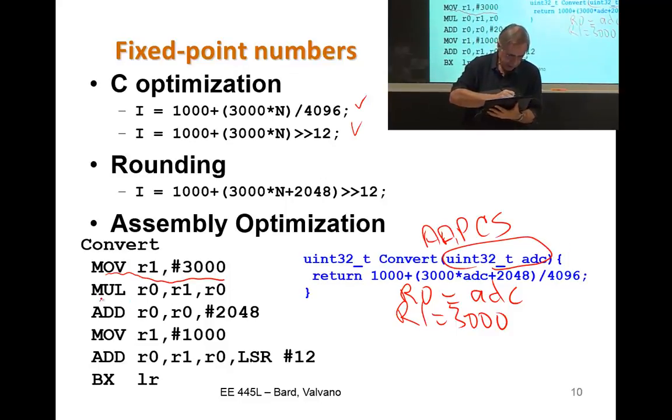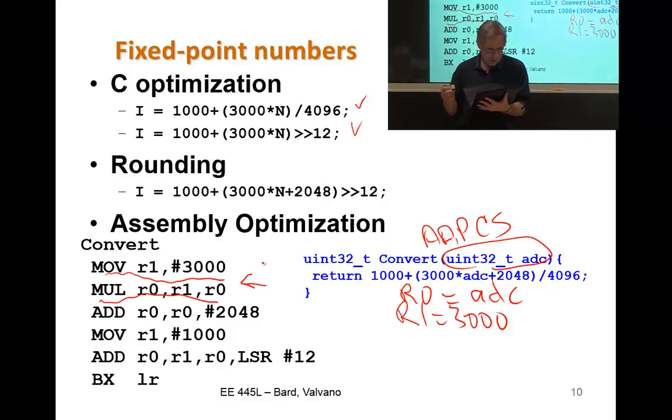Multiply. You remember what you've got to remember? Which direction do the operations go? Towards the opcode, with the one exception of the store instruction, which goes the other direction. So obviously that's multiplying the ADC times the constant.